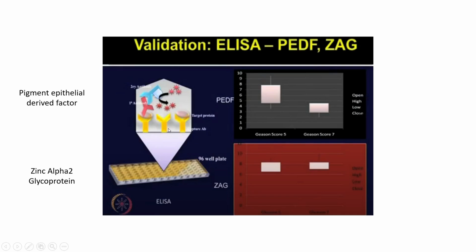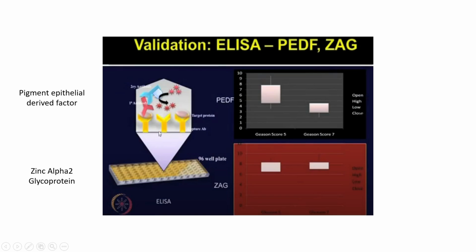Using ELISA, a specific antibody is used. Your protein of interest is the antigen, and that specific antibody is used. If it is present in your sample, the maximum amount of binding will happen, and then the secondary antibody is added, which is tagged to a certain enzyme, and then the substrate is added.